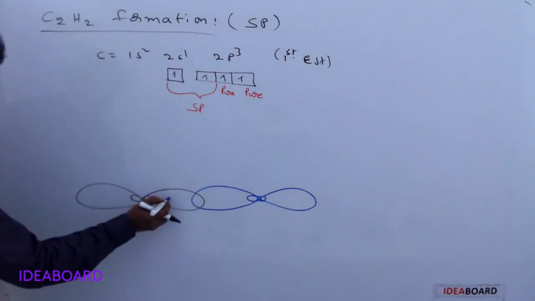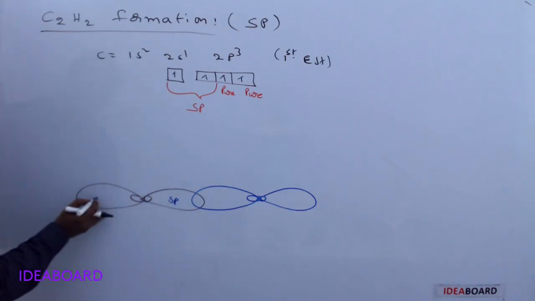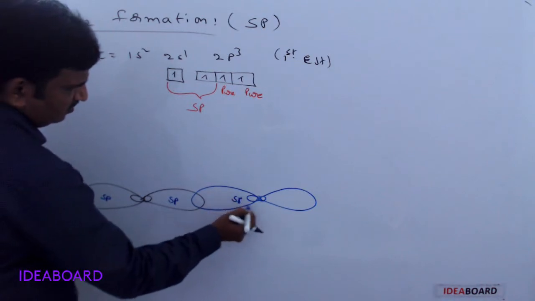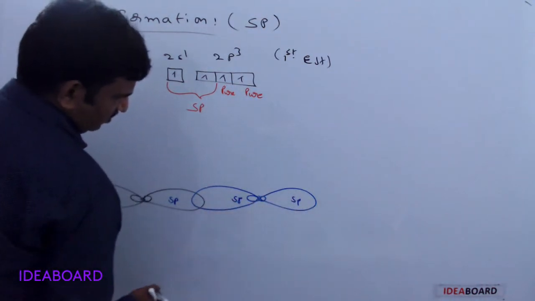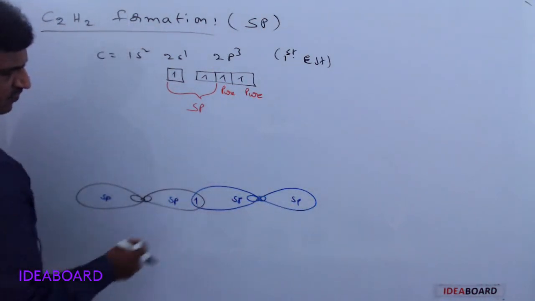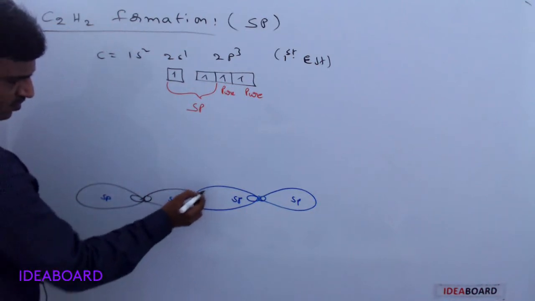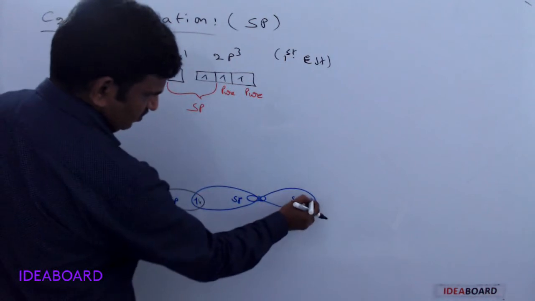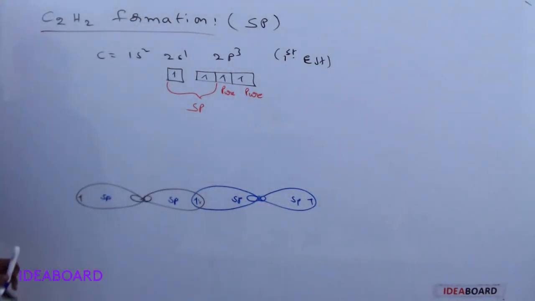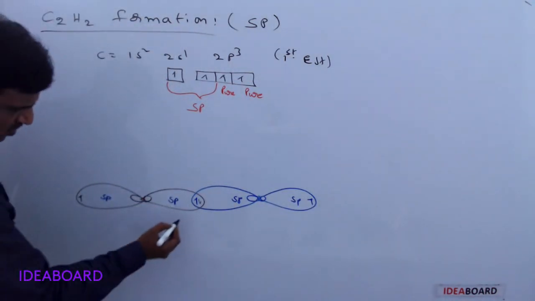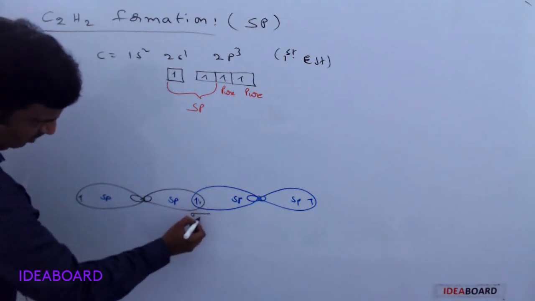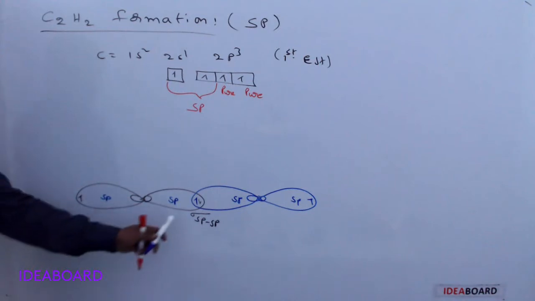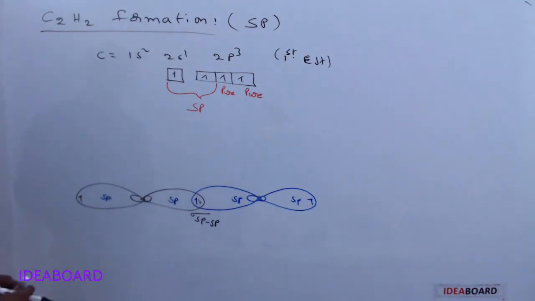Each is an sp hybrid orbital, having one unpaired electron. So that is overlapping linearly. By the linear overlapping, what is formed first? A sigma bond. A sigma sp bond is formed.